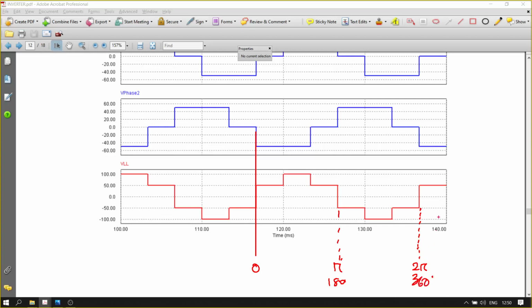So if I move this to that waveform, that axis, this waveform is what?